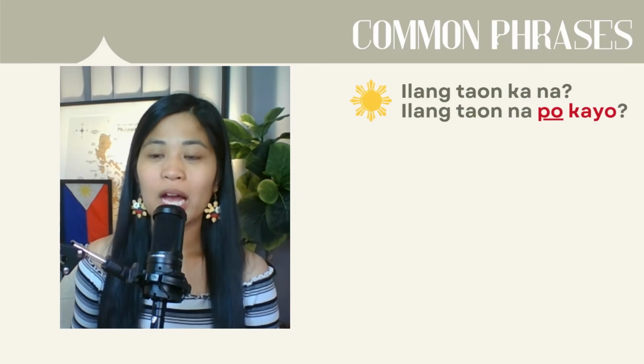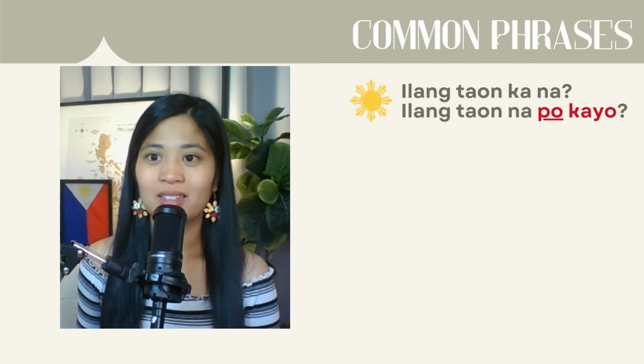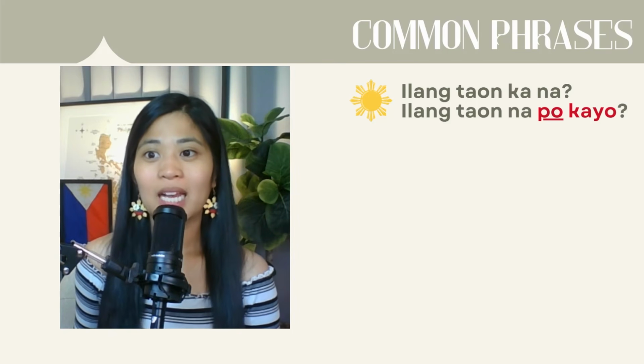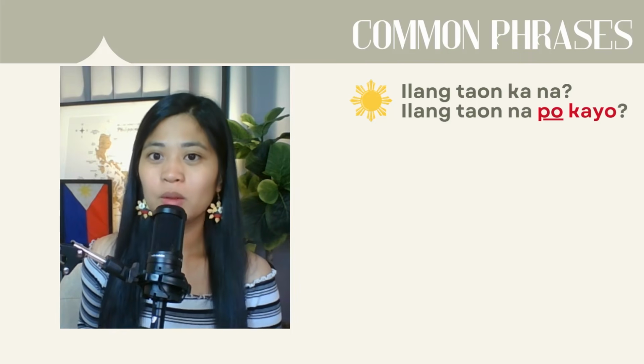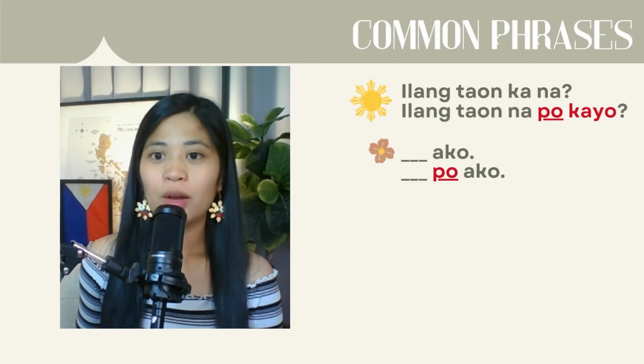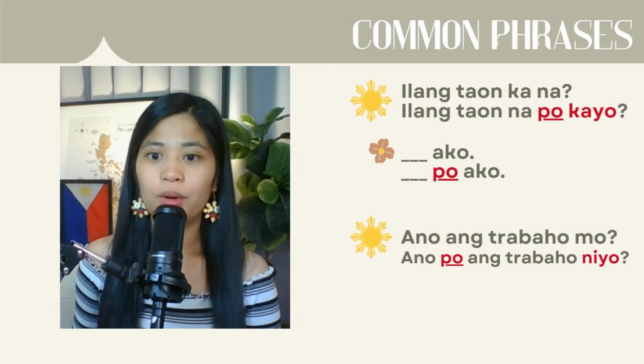So po goes after the word na anytime it appears in a phrase. And then ka becomes kayo. So ilang taon na po kayo? How old are you? 30 ako becomes 30 po ako. So po is the second word placement there. Ano ang trabaho mo?